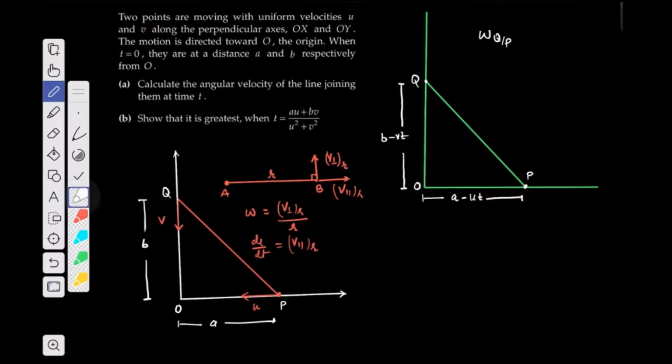Since I know the velocities they have in these directions, I can figure out the relative velocity in the direction perpendicular to the line joining them. But that looks like a little bit hectic thing to do, no? Because suppose at any point of time this angle is phi, so this angle will become 90 minus phi.